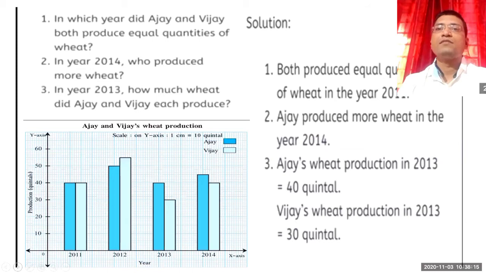Yes, we got the answer: 2011. Very good, nice answer. In 2011, both produced equal quantities of wheat. The second question: in year 2014, who produced more wheat?